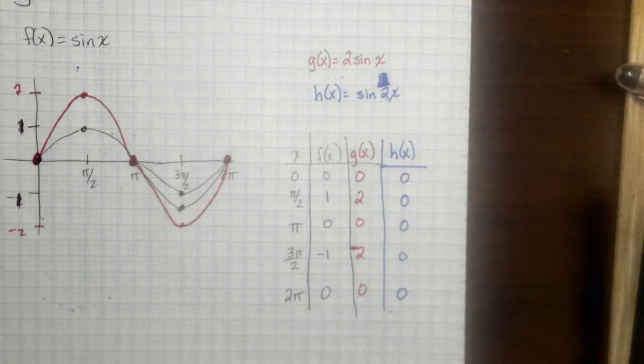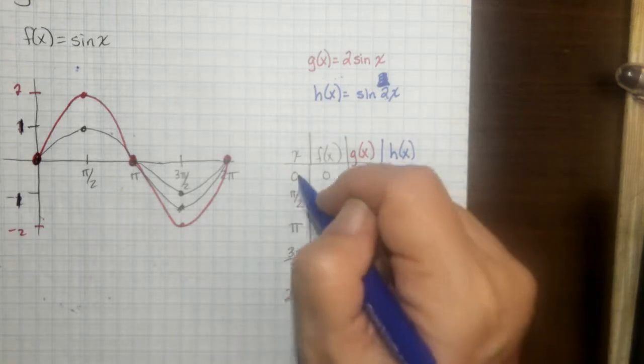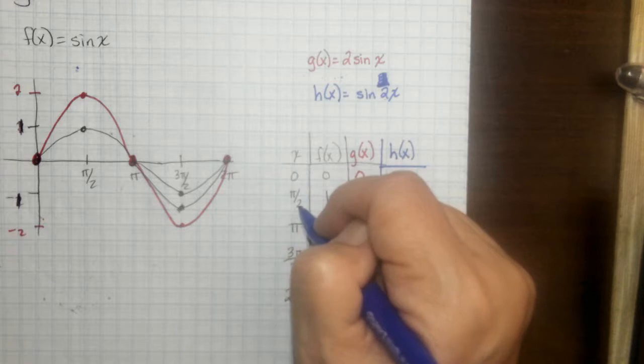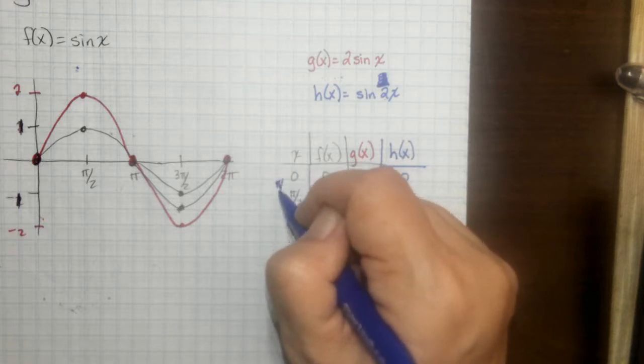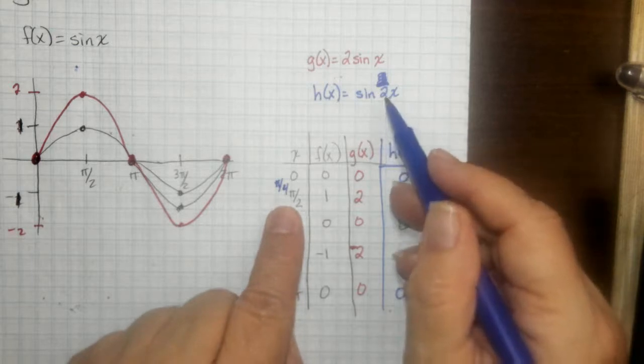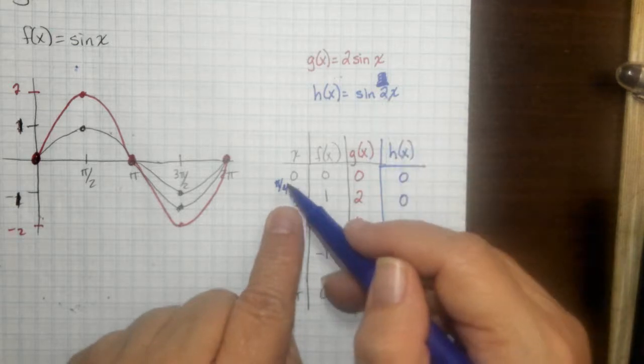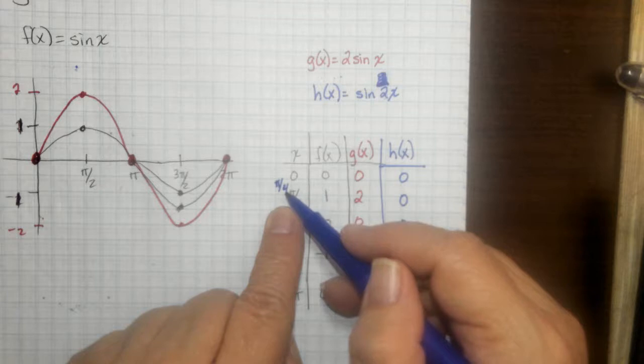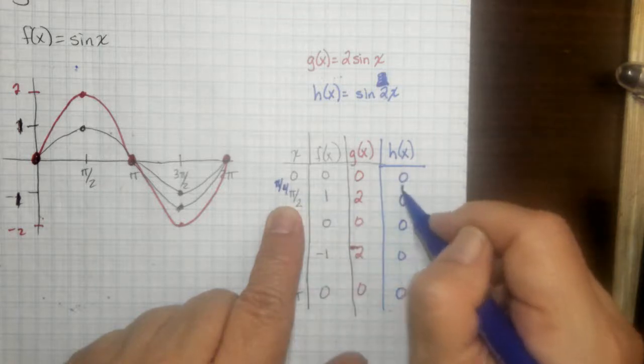What, is that just like a straight line? No, I need to see what's happening in between. What's in between 0 and pi over 2? Pi over 4. So if I take pi over 4 and multiply it by 2, that would be 2 pi over 4, which is pi over 2. Sine of pi over 2 is 1.